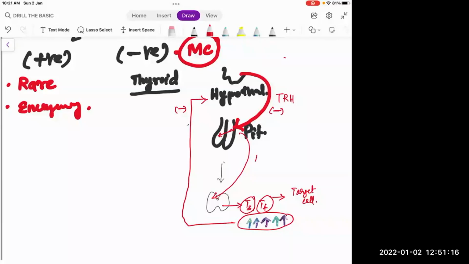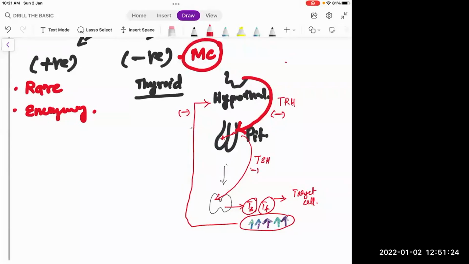And this anterior pituitary, with the help of thyroid stimulating hormone TSH, will also decrease, and then finally there will be a decrease in T3 and T4. So this is how the negative feedback mechanism works.